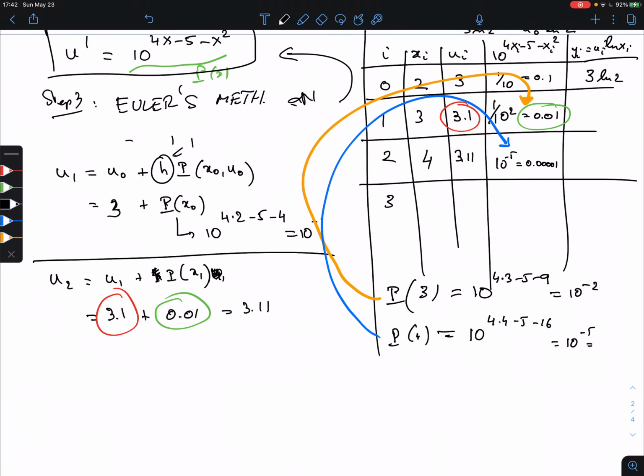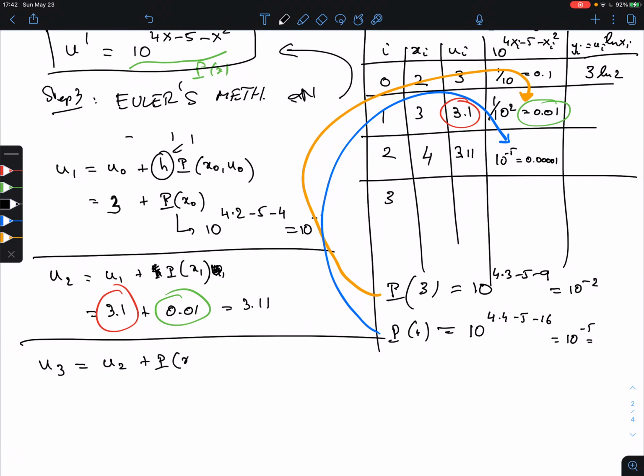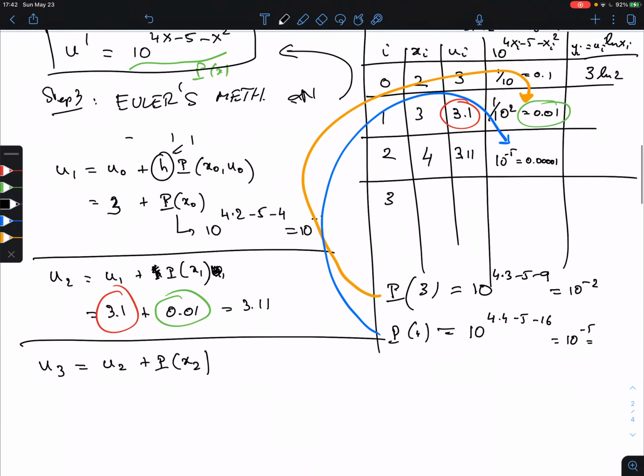Okay. Now, the recursive formula says U3 is U2 plus h, but h is 1, times P of x2. There's no U2, so I don't have to plug it in. We just calculate that number, right? This is the blue number that I calculated here. So I'm going to plug this in here, and the U2 I have also, right? This is the U2 now. Okay.